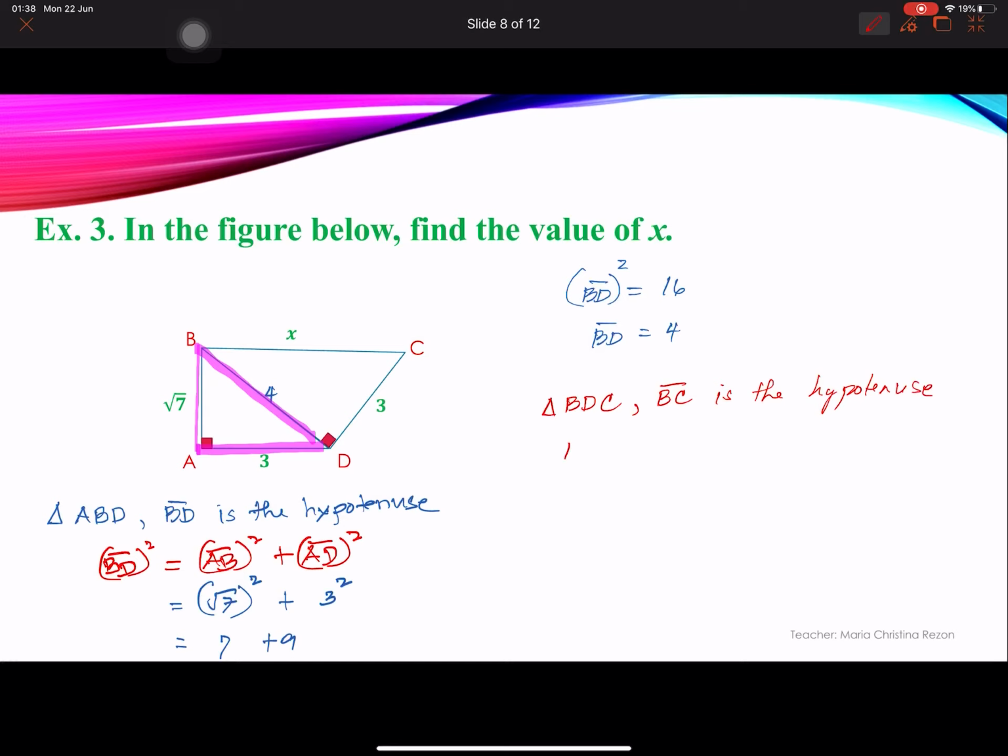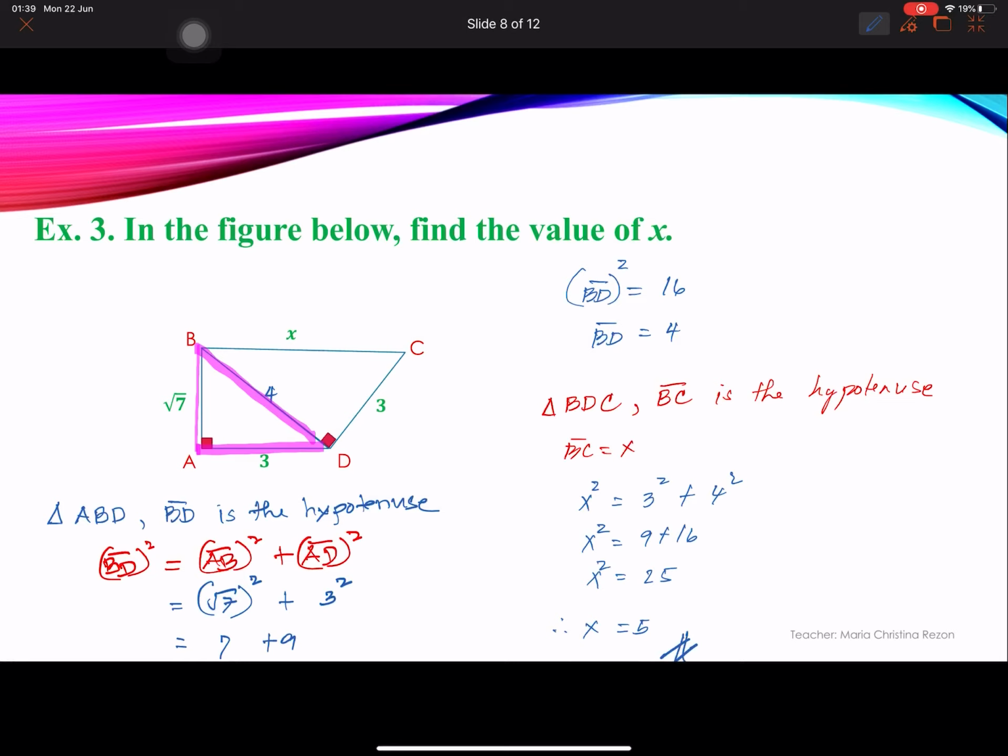And BC is equal to x, so we'll find the value of x. x squared is equal to 3 squared plus 4 squared. And so x squared is equal to 9 plus 16. x squared is 25. Therefore, x is equal to 5. And this is now your answer.